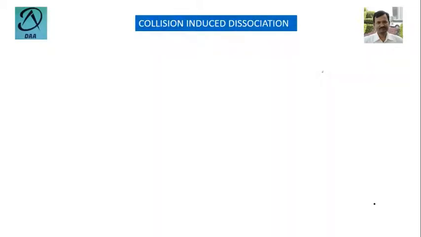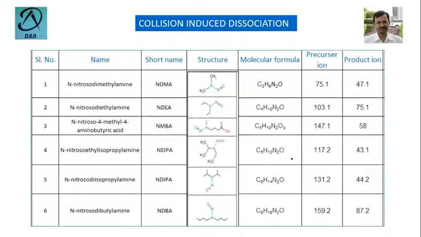Now, collision-induced dissociation, CID in short, because when it dissociates, as we already explained during the schematic diagram presentation. In this case, the first is the precursor ion, what we call the MS1 ion. And when it is dissociated by CID, it will form the product ion, then it is called the MS2 ion.